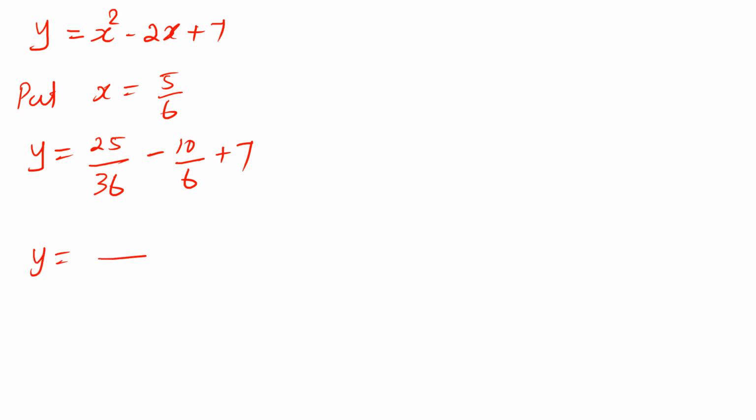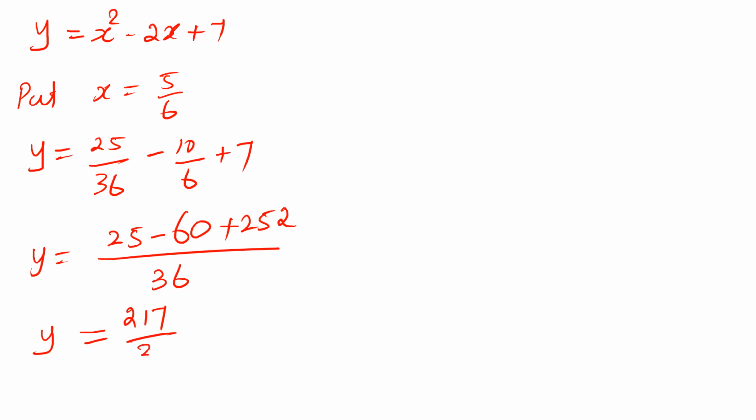Therefore, y is equal to, let us take 36 as the LCM, 25 minus 60 plus 252. After simplification, we get y is equal to 217 divided by 36. Therefore, the point of contact of the tangent to the given curve is 5 divided by 6, comma, 217 divided by 36.